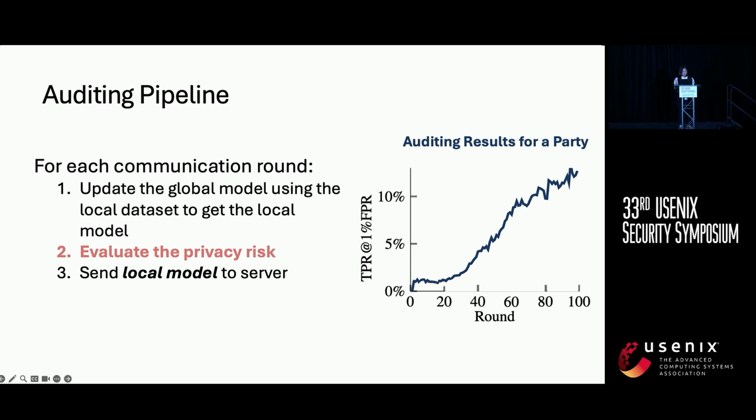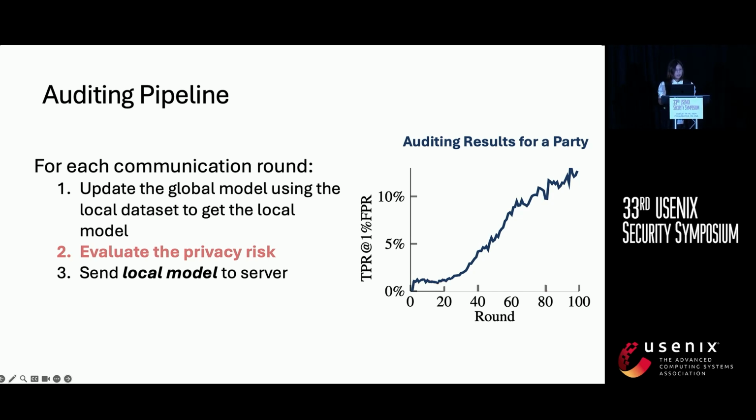Our auditing algorithm can be seamlessly integrated as a plug-in module to any federated learning pipeline. During each round of training, parties can update the global model using their local dataset. And then before sharing it with the server, the party can run our auditing algorithm locally to monitor the privacy risk.